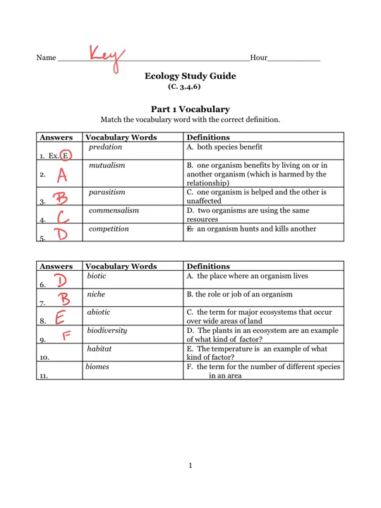Number 10 is habitat, and the habitat is the place where an organism lives, so that's letter A. And number 11 is the word biome or biomes, and remember that these are the major ecosystems that occur over a wide area of land, so that's letter B.